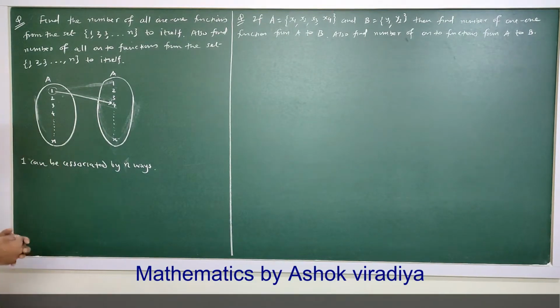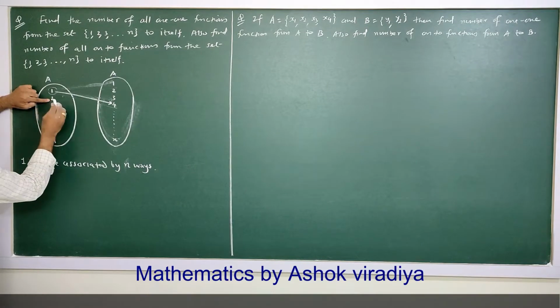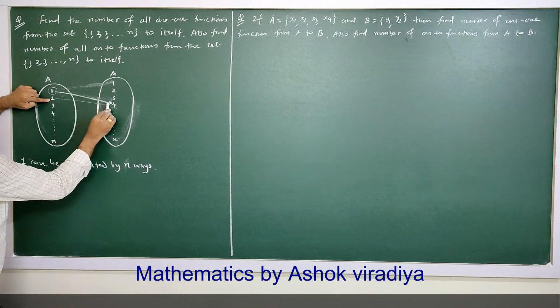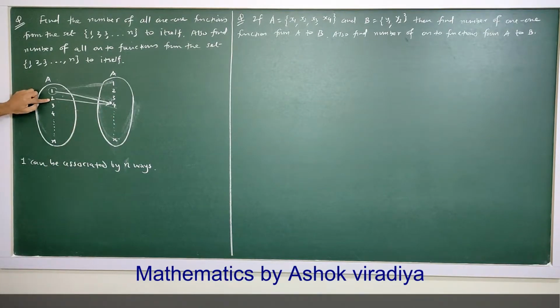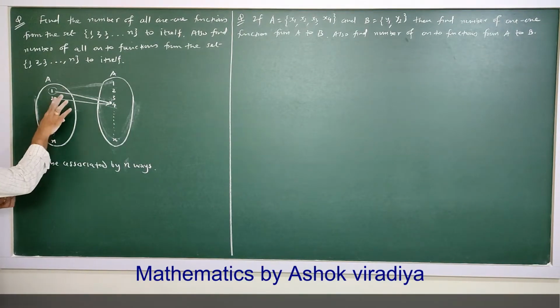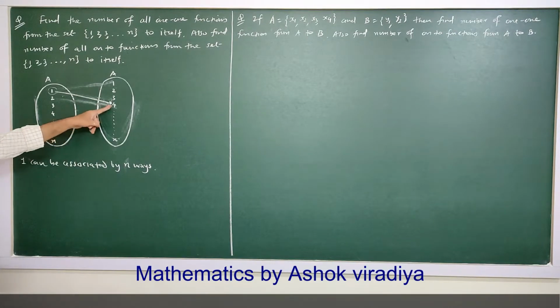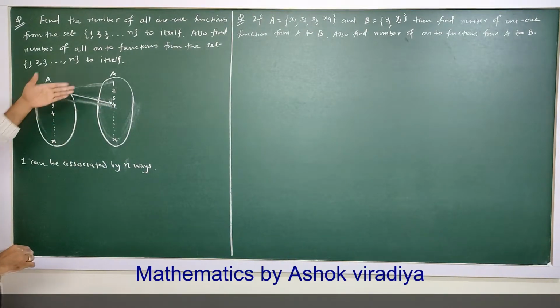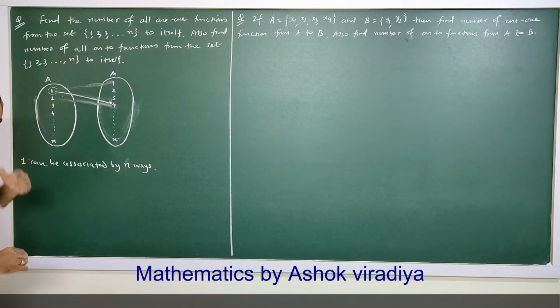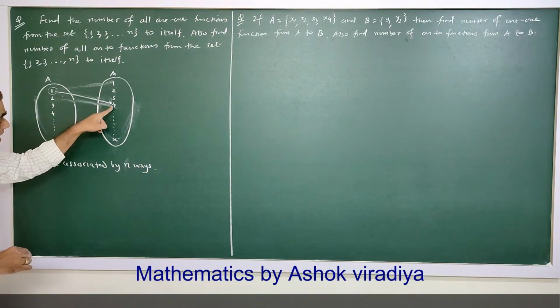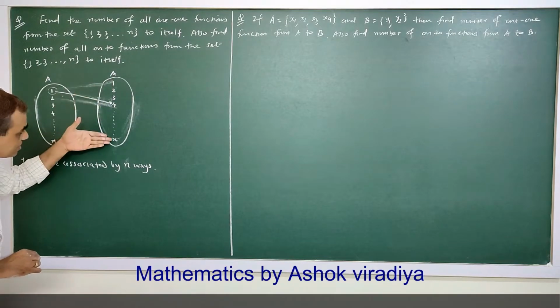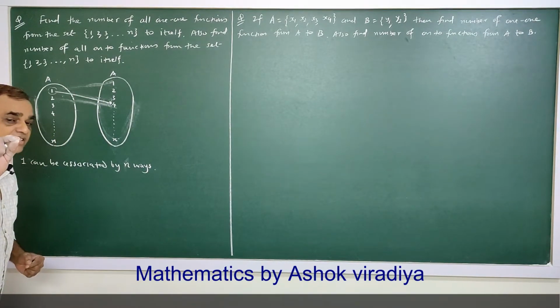Now the turn of 2. Now you can't join 2 with 4. If you join 2 with 4, then this is not a 1-1 function. It will then be many-1. We don't want many-1. So you can't join 2 with 4. Except for that, you can join 2 with any number in the second set. So 4 is connected out of n numbers. Now how many are left?